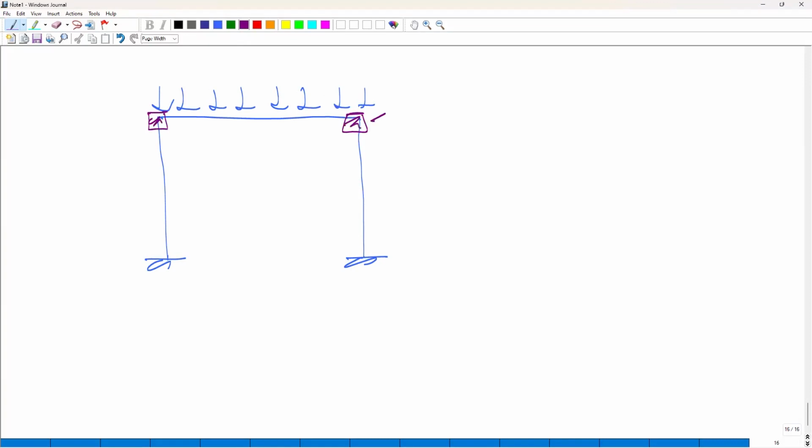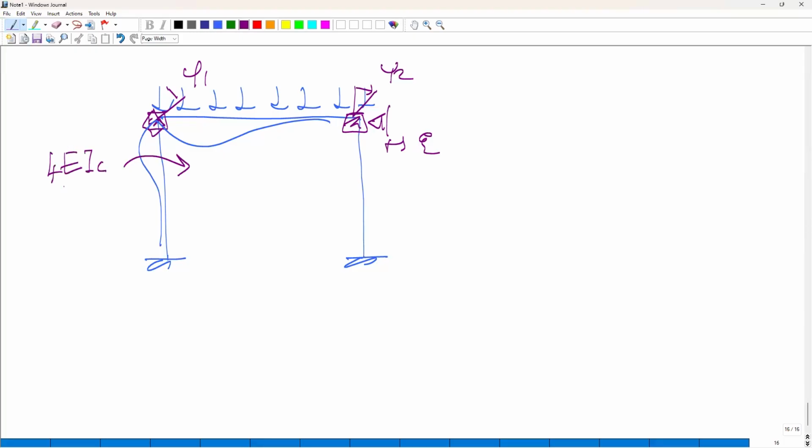I know that I cannot rely on symmetry, so I have to put phi1, phi2, xi. And when I release phi1, I know that here I have 4E, stiffness of the column, by H, multiplied by 1 plus Ni over 3, and all the other terms.